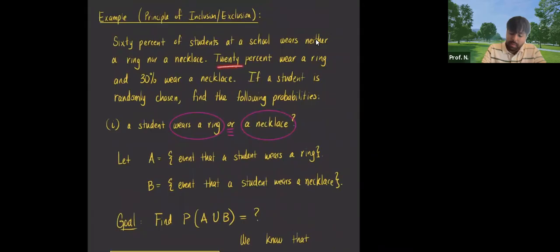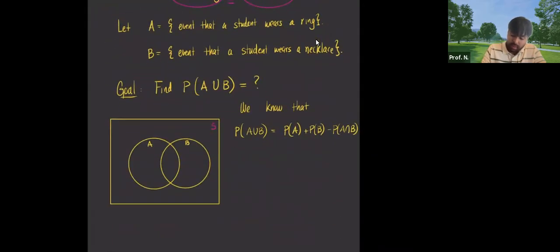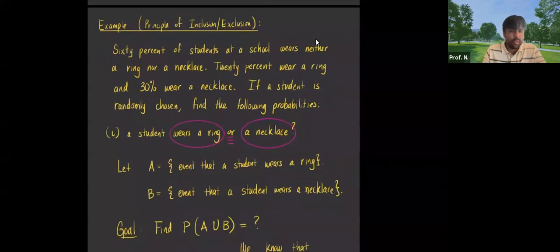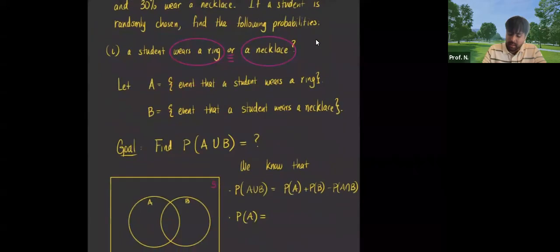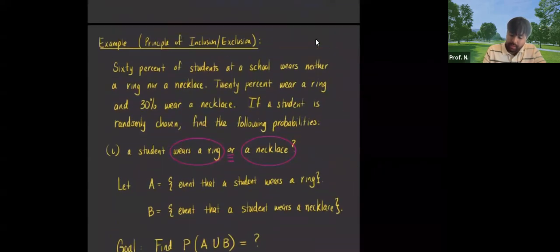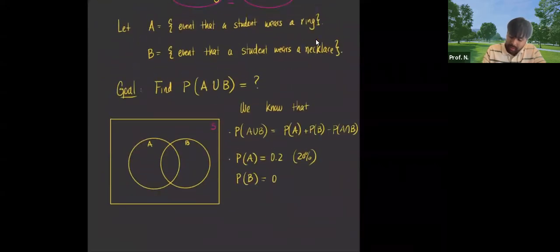We know 20% wear a ring, 30% wear a necklace. So not only do we know the inclusion-exclusion principle, we know the probability of A. Remember, when we deal with probability, we only deal with numbers that are between 0 and 1. So 20% is the same thing as saying 0.2 as a decimal. So this is 20%, right? And then probability of B is what? 30%.